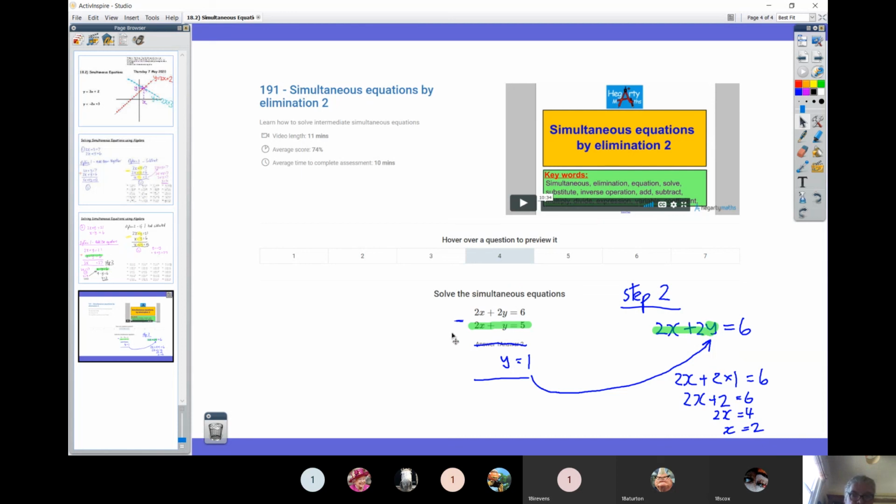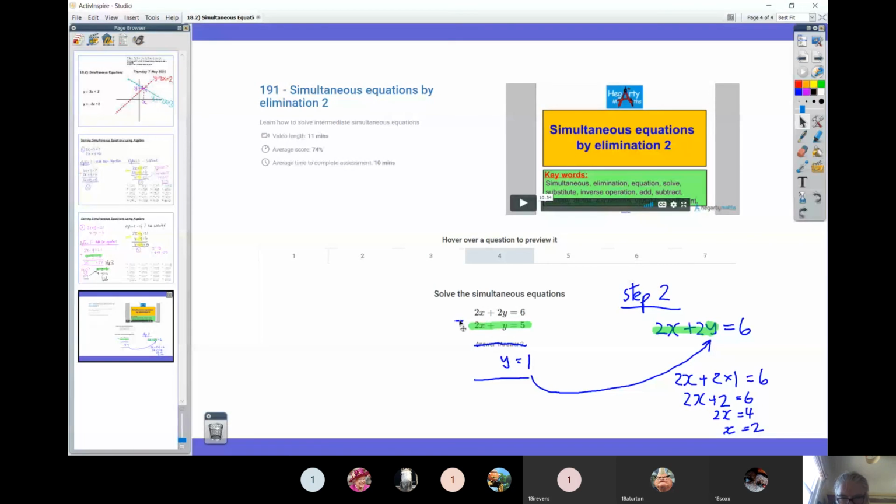So here's an example of one of the questions in the quiz. I've made the decision to take away, because I've got my 2x and a 2x, so it's the x's which are going to disappear on this occasion, and I'm taking away because these are both positive 2x's. So when I take away the bottom equation from the top, 2x take away 2x is nothing.